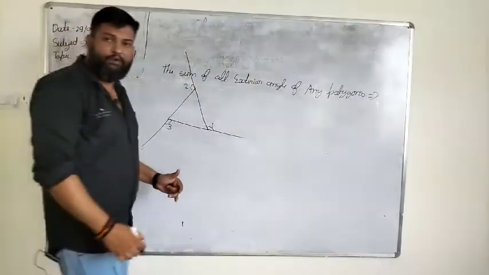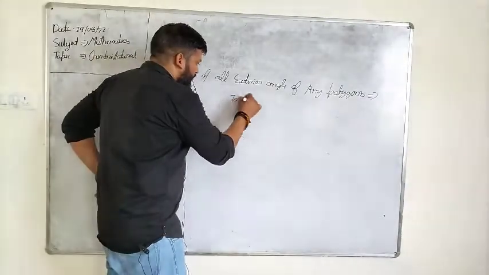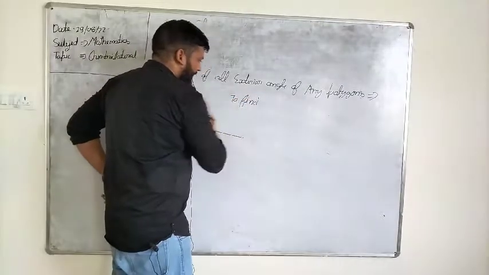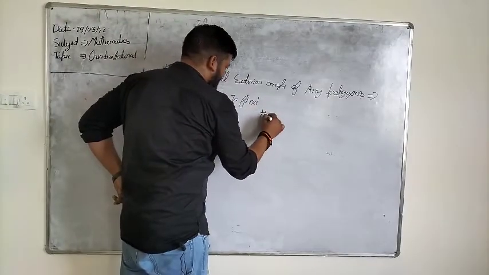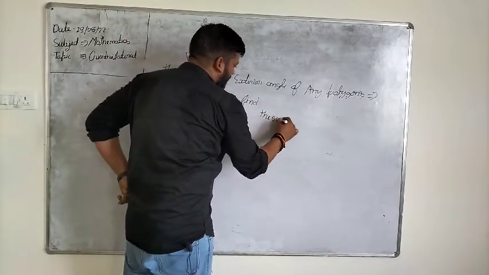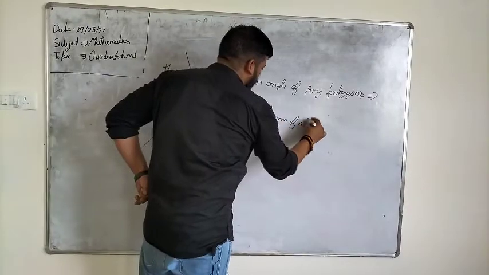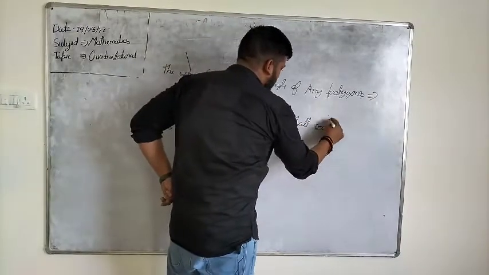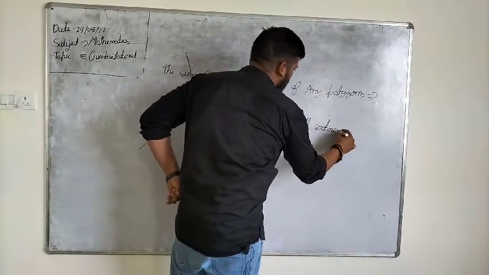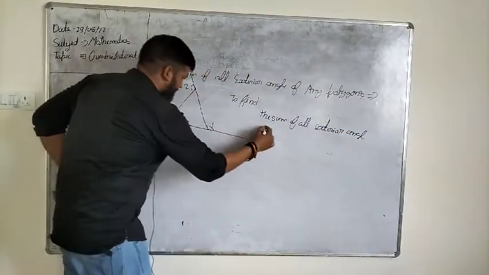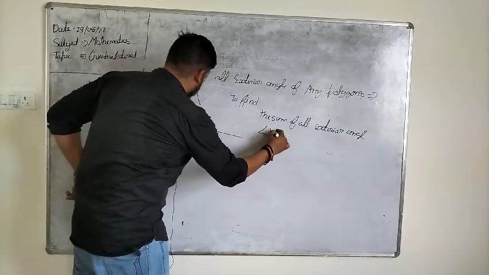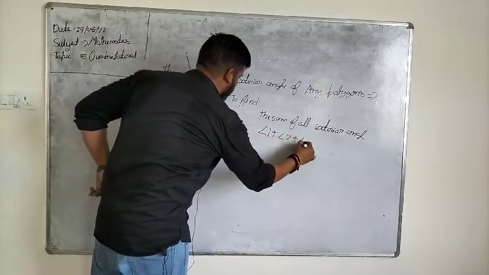Now what we have to find is the sum of all exterior angles. Is that clear? It means we have to find angle 1 plus angle 2 plus angle 3.